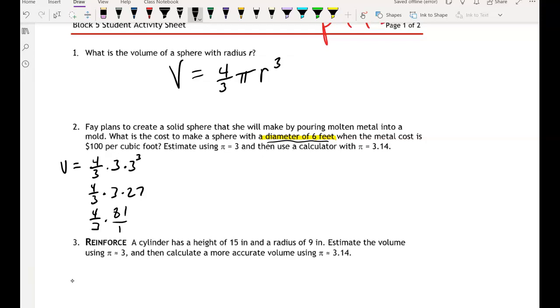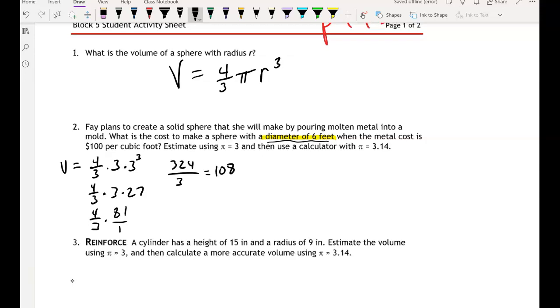And if we do this, put a 1 under the 81 now. 4 times 81 is 324 over 3, because we multiplied straight across. 324 divided by 3 is 108.